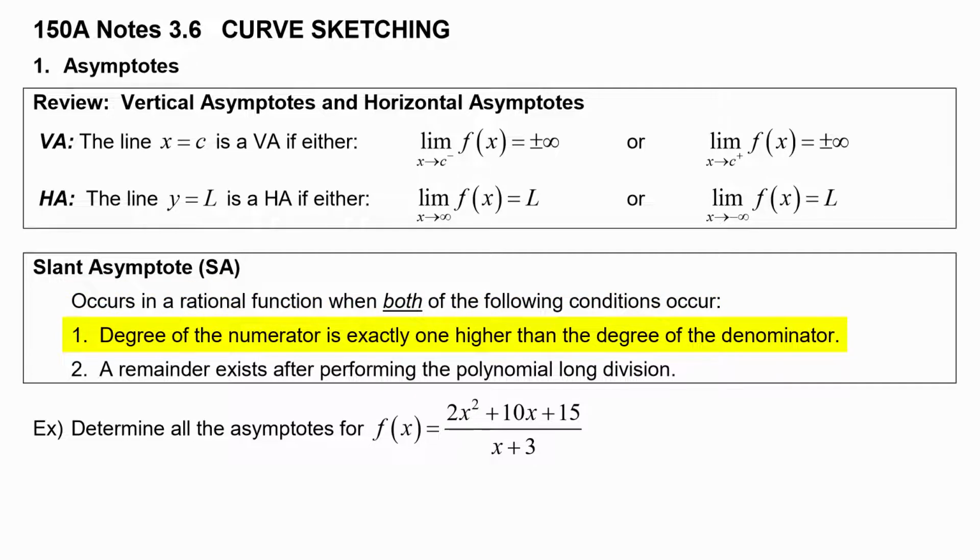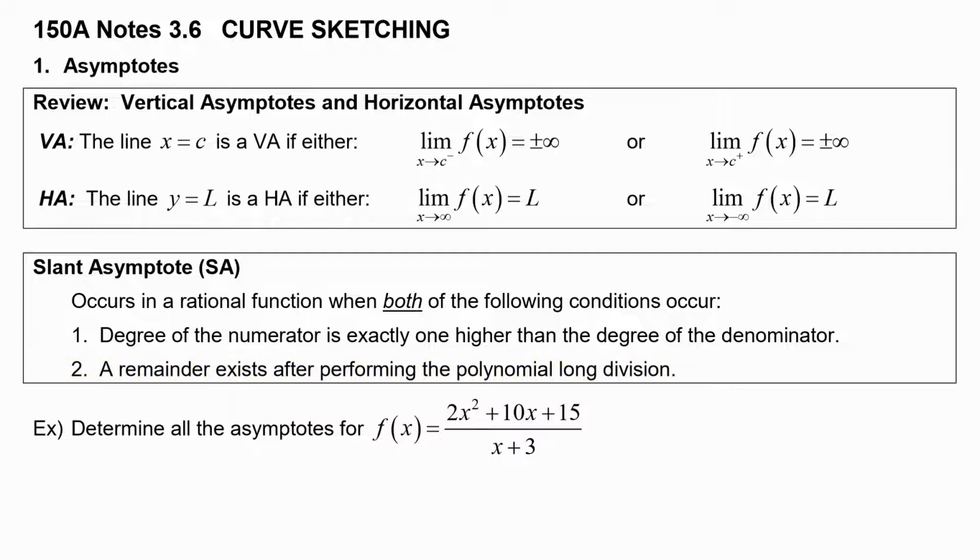First, the degree of the numerator is exactly 1 higher than the degree of the denominator. So it has to be exactly 1 more. And then if that's true, you go on to step 2, which is that a remainder exists after performing the polynomial long division.